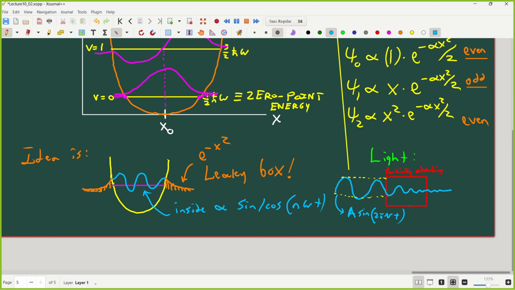All right, and the way that this wave looks inside of the box is proportional to A e to the minus x sine 2 pi vt, where x is the distance into the box.